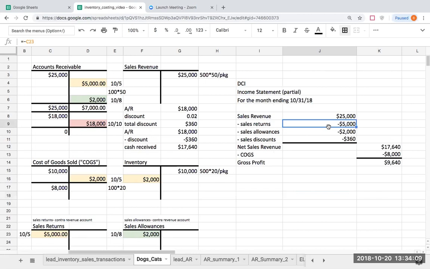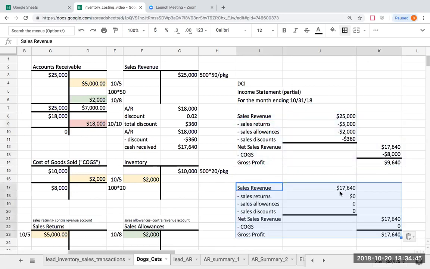The reason why is that, say I had $100 million of sales revenue and I just gave a sales allowance of $1,000. Doesn't really matter. But what if I had $100 million of sales revenue and I gave a sales allowance of $75 million? Then a reader of these financial statements would say, wait a second. I'll borrow from this up here to illustrate the point.